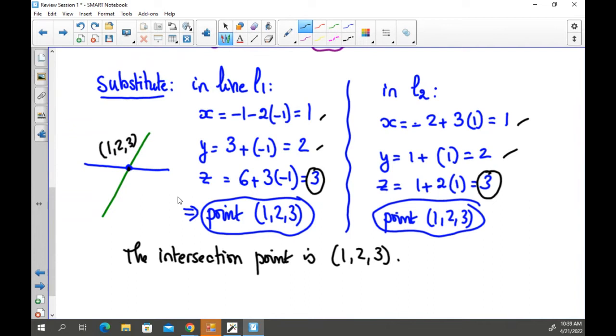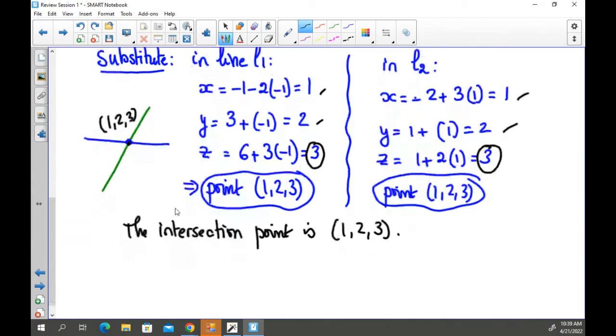So if the z's are different, that means these two lines cannot intersect. They don't intersect each other. That's basically what it means. But if z is the same, like here, 3, 3, yes, exactly.